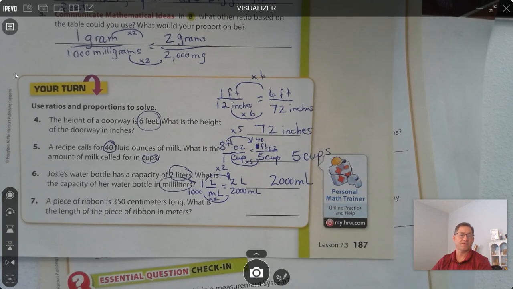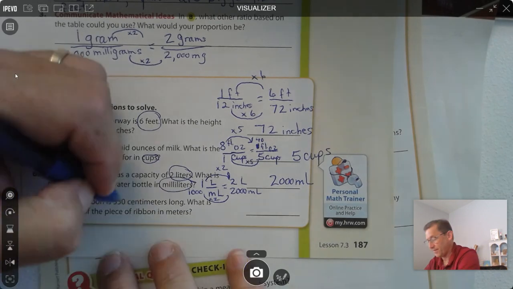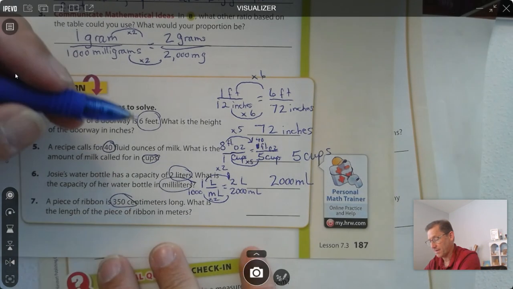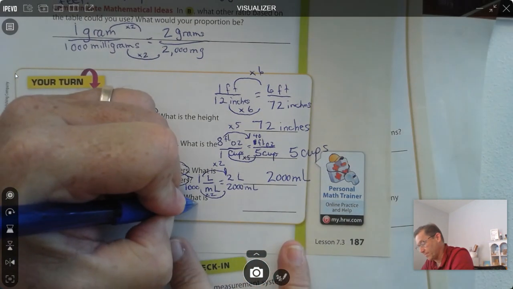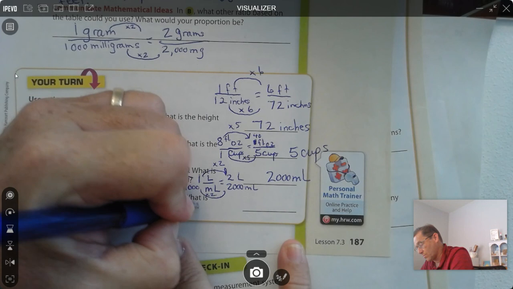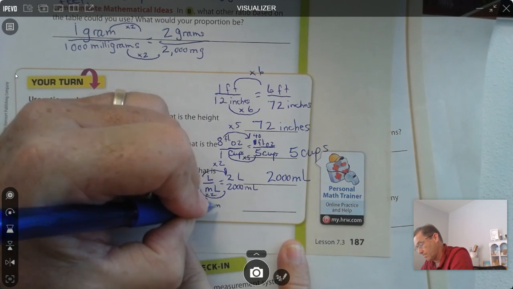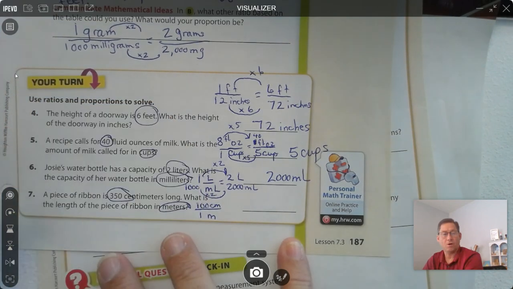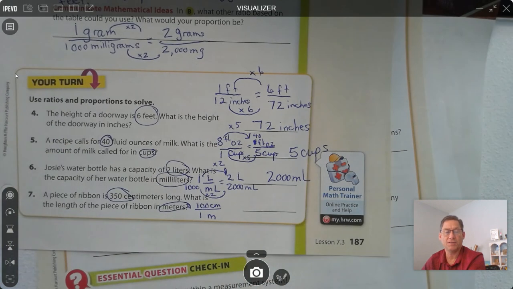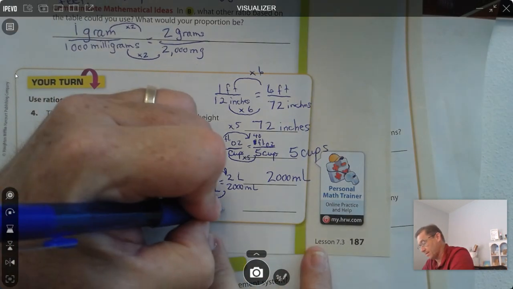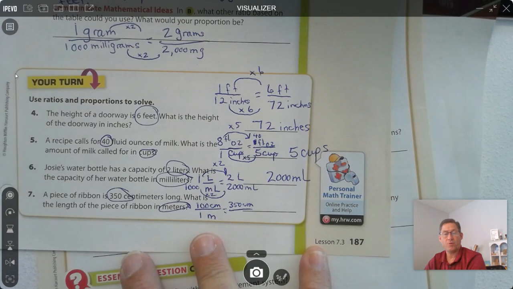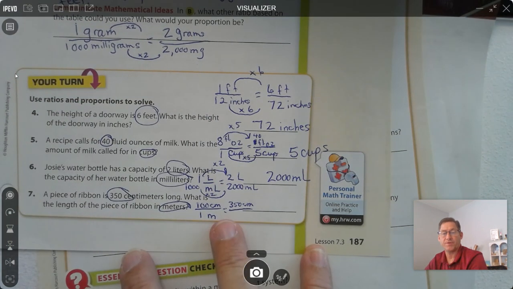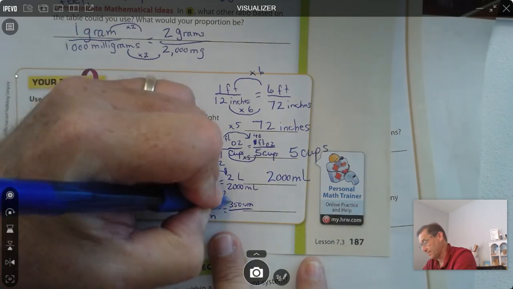And number 7. A piece of ribbon is 350 centimeters long, and they want to know what that is in meters. So we're going from centimeters to meters. 1 meter is the same as 100 centimeters. So how many meters are in 350 centimeters?